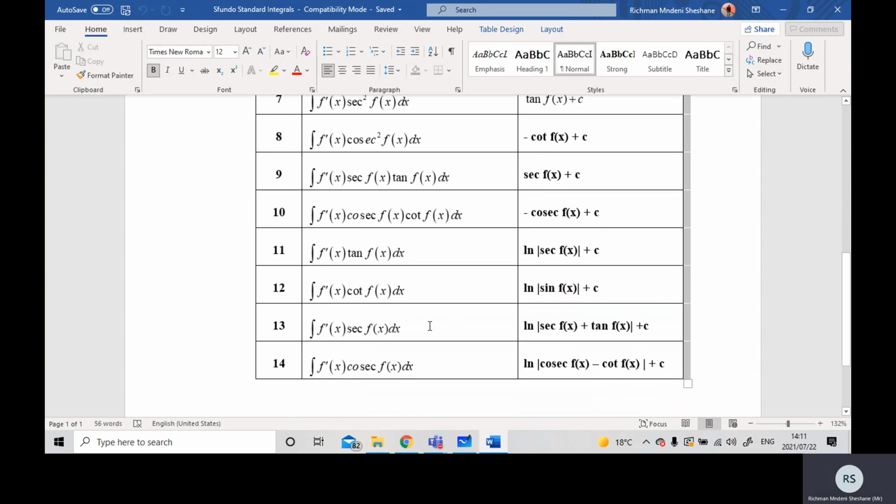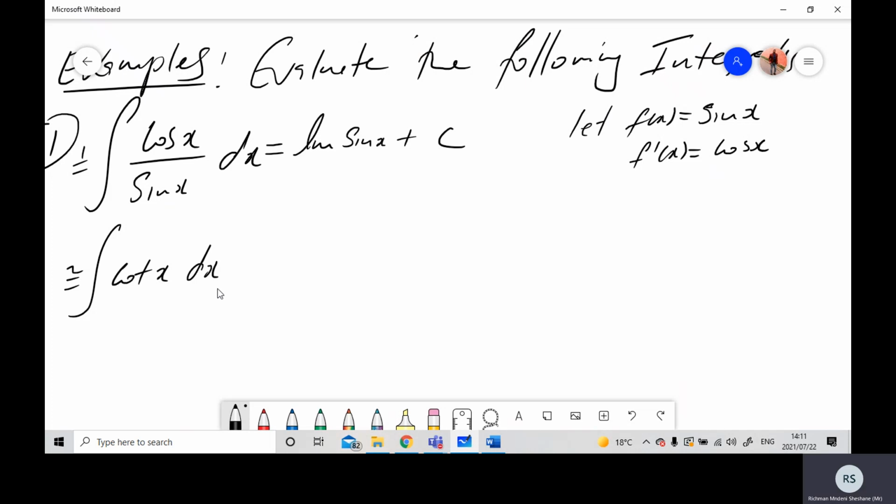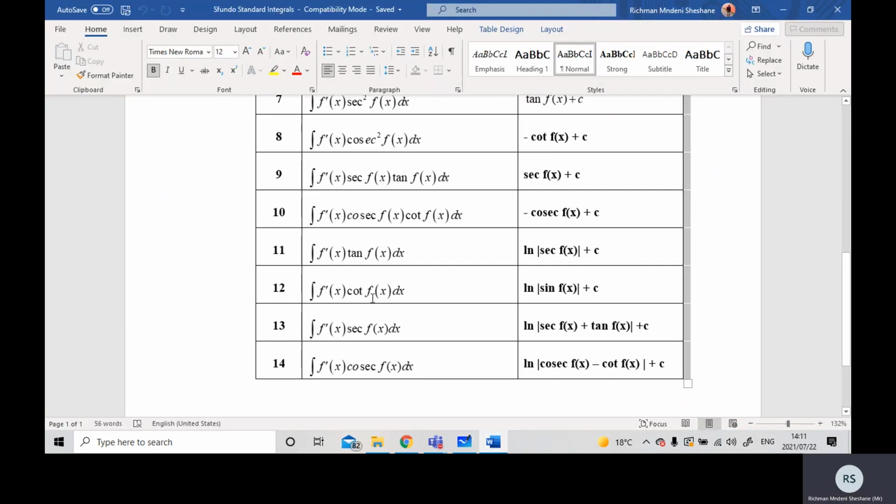So you want to integrate cot. You treat f of x as x. The derivative of x is 1, so your f prime is 1.